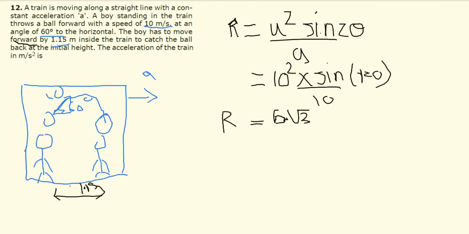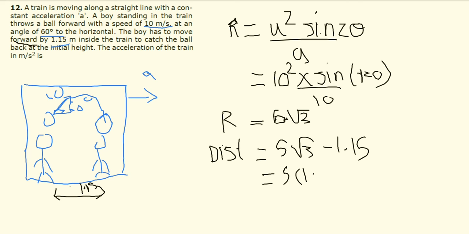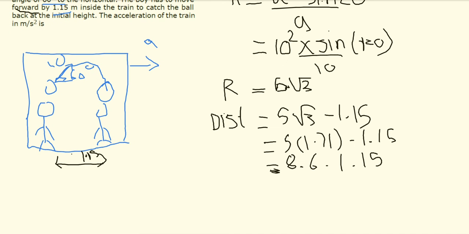It means that the total distance travelled by the train will be equal to 5 root 3 minus 1.15 meter, which is 5 into 1.717 minus 1.15, roughly 8.6 minus 1.15 meter, which will be equal to 7.45 meter. This is the distance that is travelled by the train.